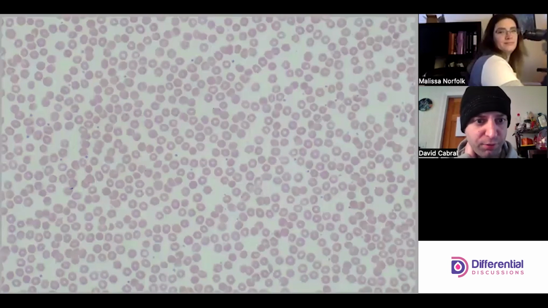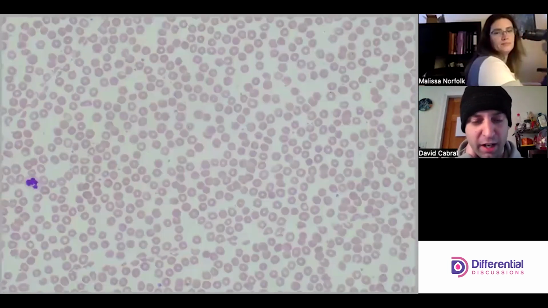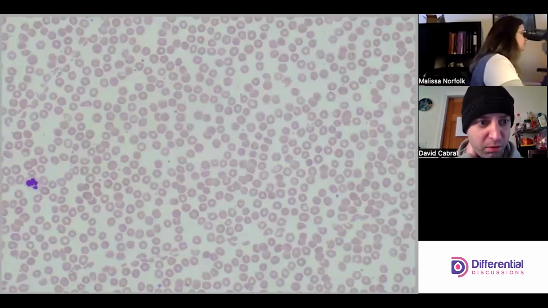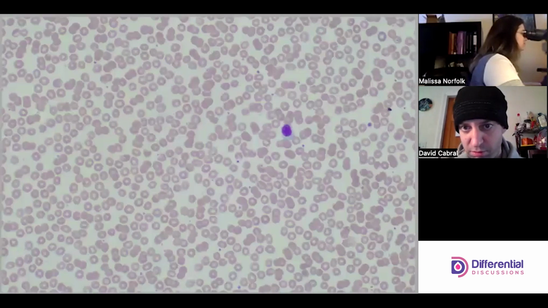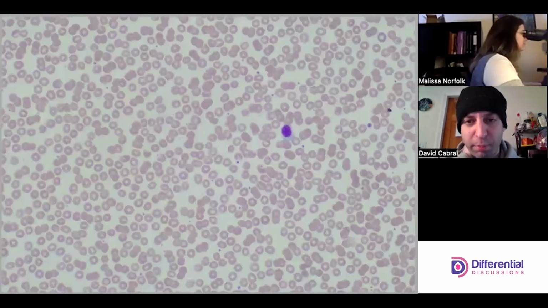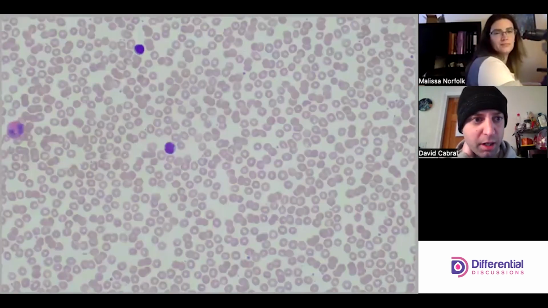But I'd say, as far as, and you know, we're at a low power, I shouldn't be doing red cell morph necessarily, but my red cells look pretty normal. My platelets look pretty normal, evenly distributed. The lymphs look big. That might be just because I'm on a lower power.